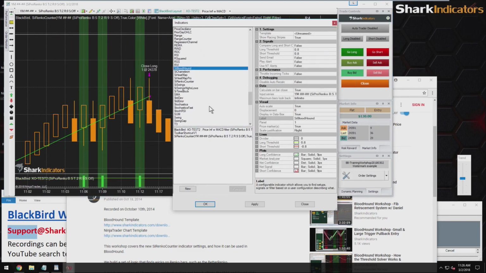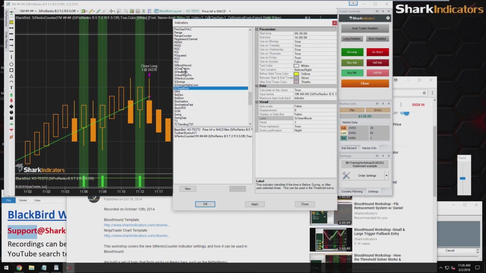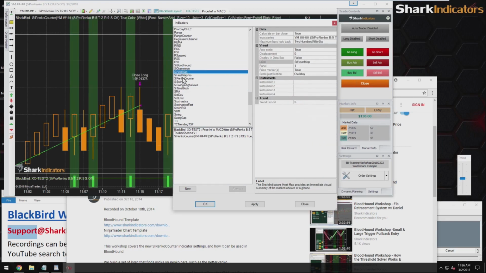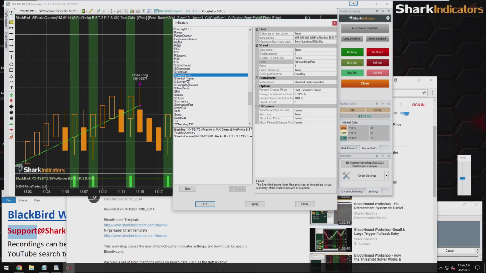Before I overspeak, let me just double check. Yes, all of these SI indicators, except for the heat map, are all included with BloodHound.